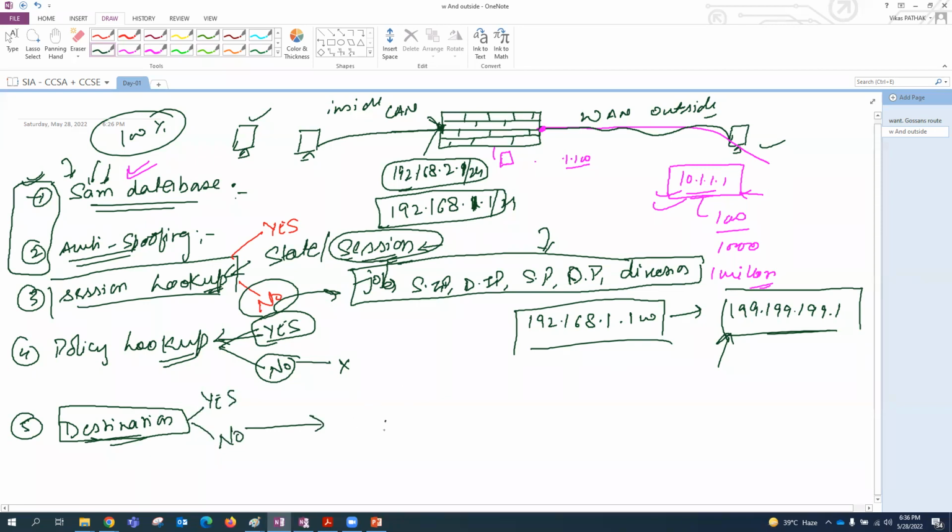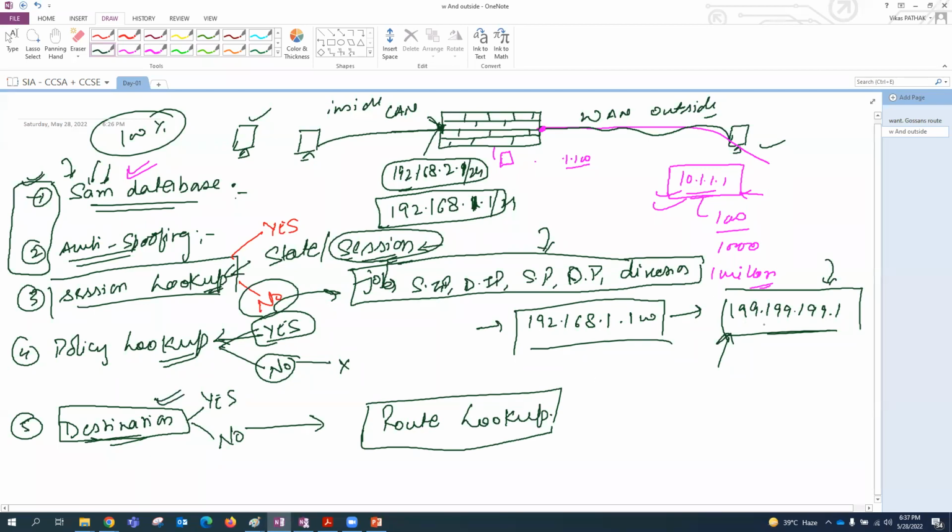And the next particular step is route lookup. What is the route lookup? See, the firewall will check, okay, I have one source, I have one destination. Maybe this destination will be changed after the destination NAT on this step, right?